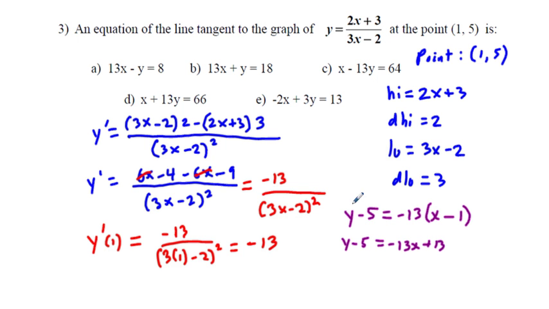If we're going to do a double switch here, we add 5 to both sides of this equation, and add 13x to both sides, and we get cancellation. So we get y plus 13x is equal to 13 plus 5, which is 18, and that's going to be equation B.